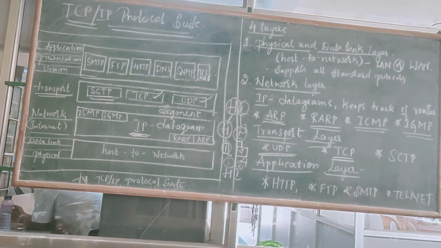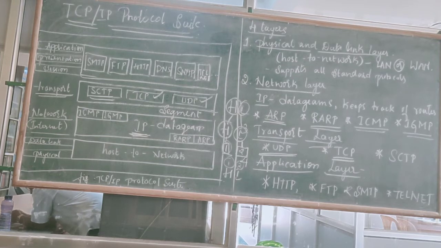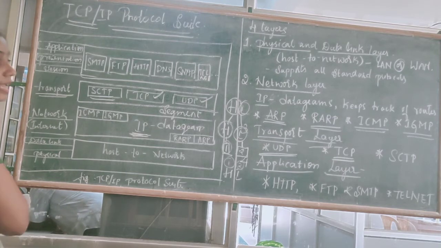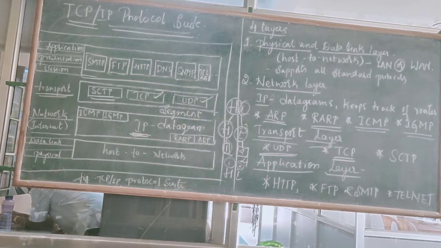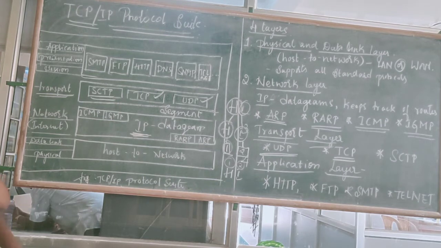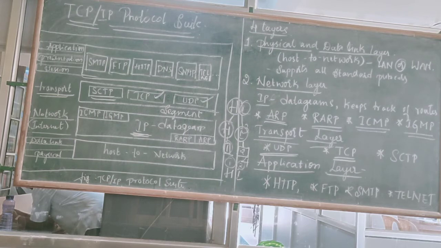TCP/IP protocol suite. It is a layered architecture which defines the connection of a network. It was introduced before the OSI model. In this we have 4 layers: host to network, the network layer, transport layer and application layer. The first one is host to network.